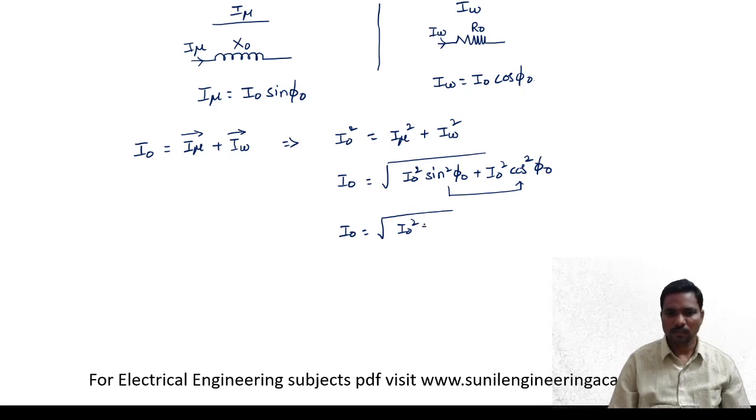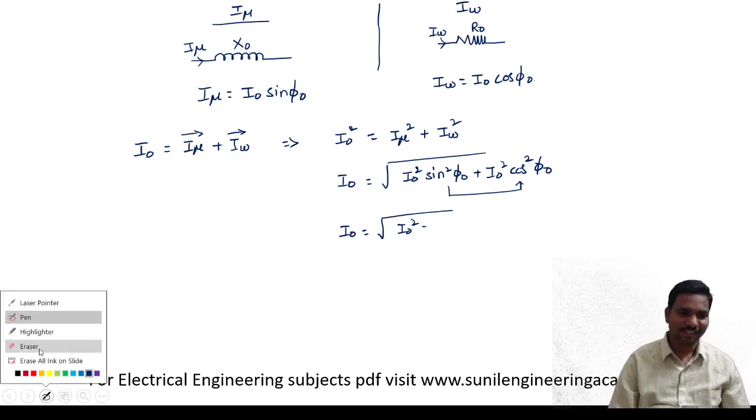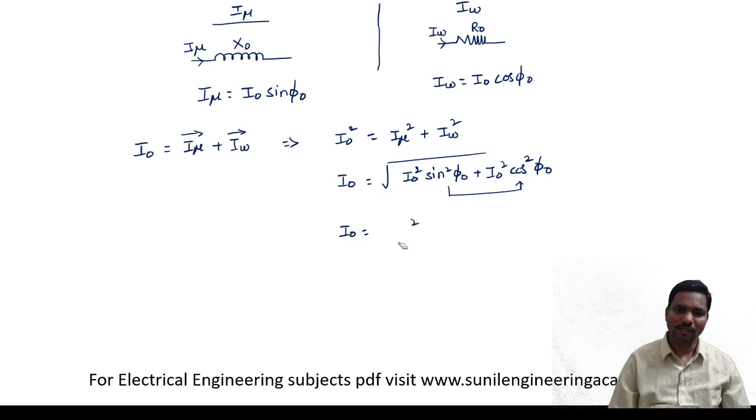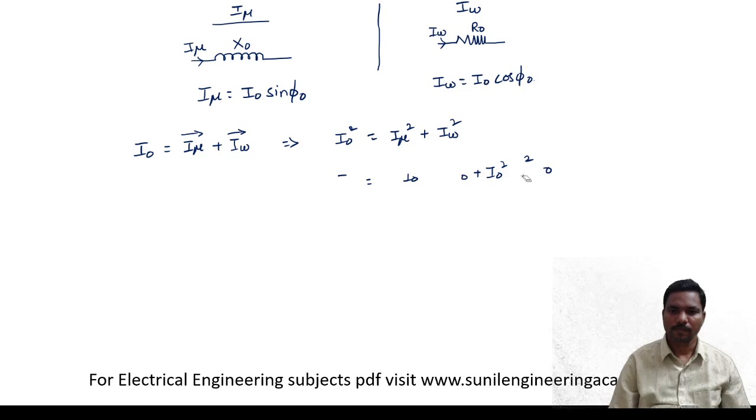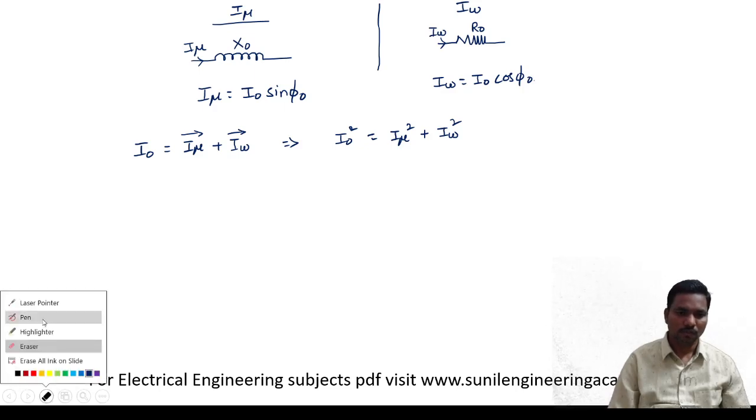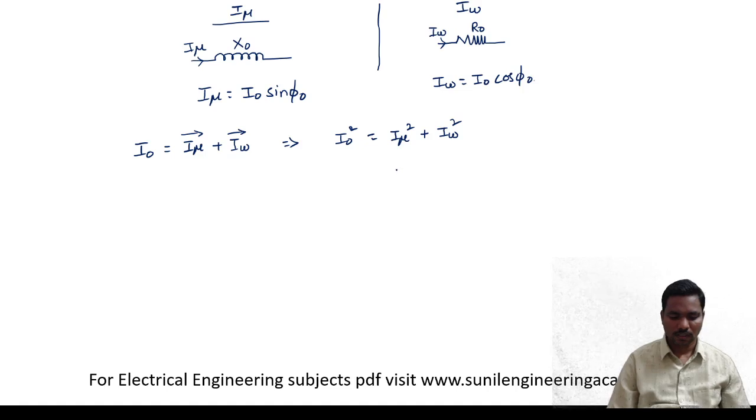Again you will get the same thing. Okay, sorry. So I naught square is equal to I mu square plus IW square.